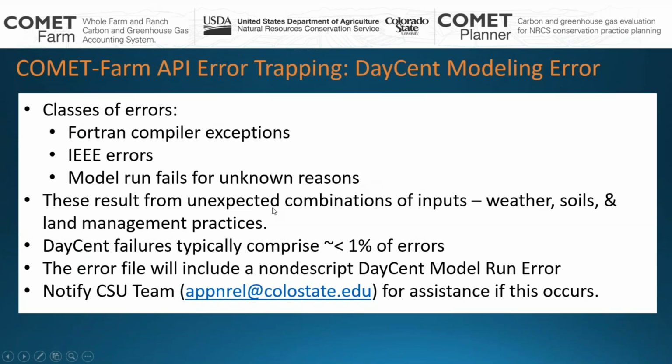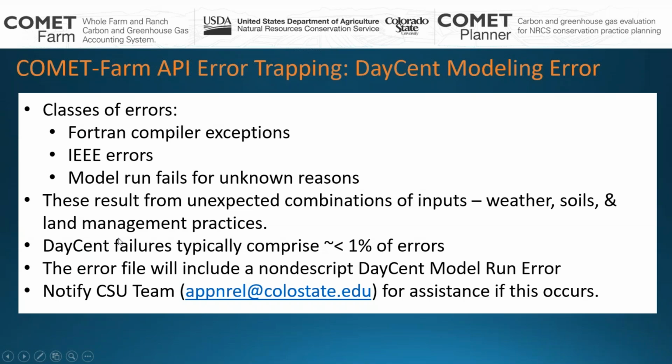And they result from unexpected combinations of inputs, where we have combinations of weather, soils, and land management practices that create an error condition within the model. These model failures typically comprise less than about 1% of the errors that occur within the system.